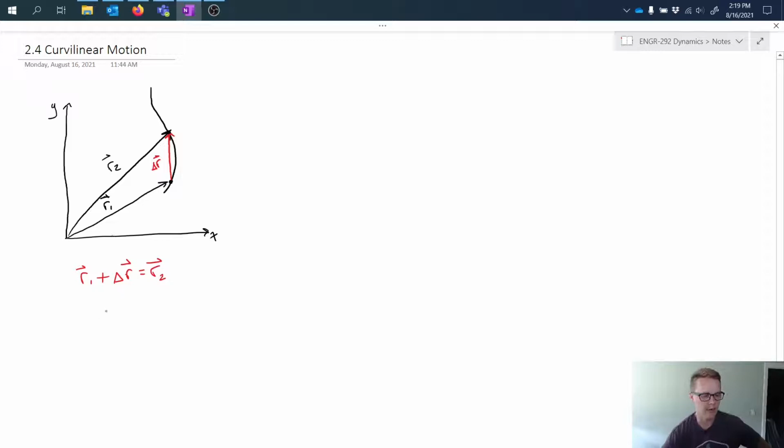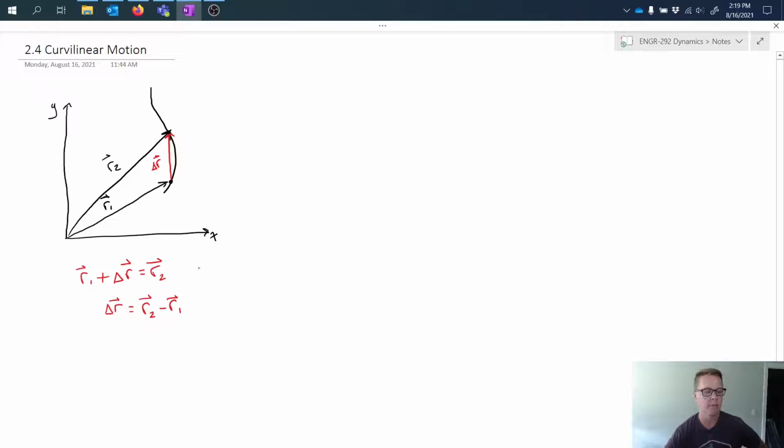I could then rearrange this equation to define delta R as the difference between position 1, defined by R1, and position R2. That may be useful in some cases, depending on what I know about my particle and where it's been traveling.